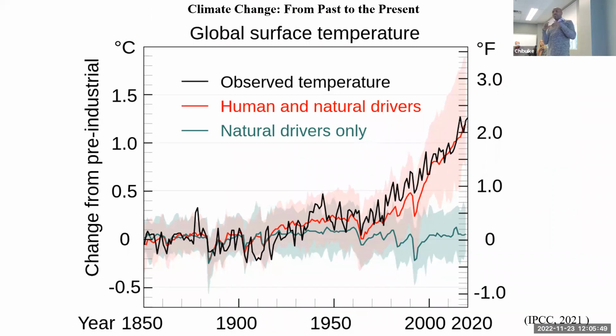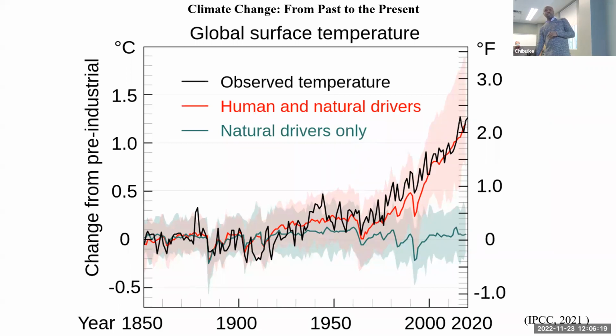But that has been the main indicator that the world climate has changed. If you look here, you could see that over the past 200 years or so, scientists have discovered that the global temperature has increased by approximately 1.1 degrees centigrade.